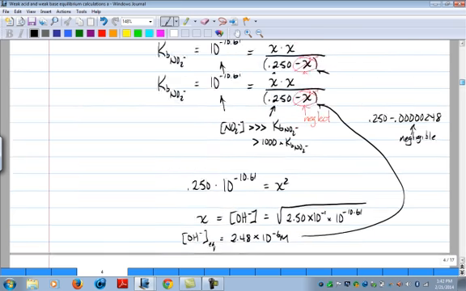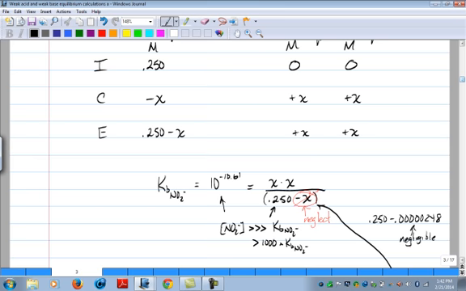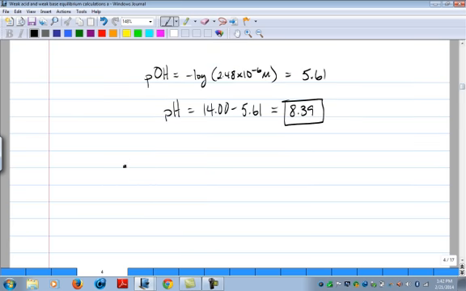We see from the values that we got that there's very little reaction or ionization of water. We can get the percent ionization of water by nitrite.